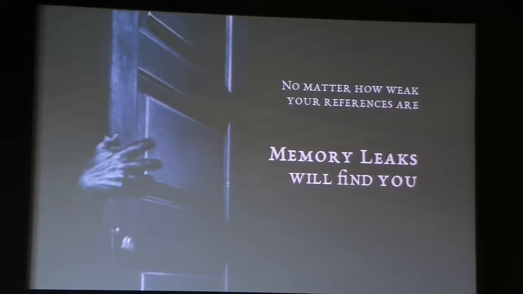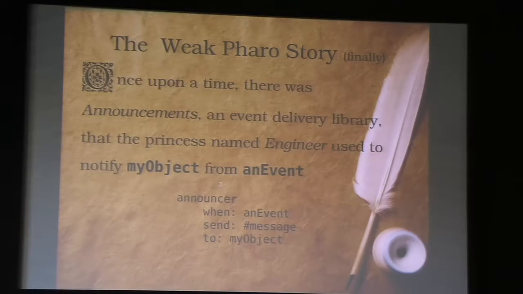So, I have a story. I will read it because I wrote it. That's nice. Once upon a time, there was announcements. Do you know the announcements framework? How many of you know it? Half of you. It's a kind of observer library.